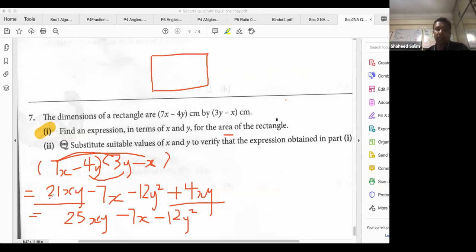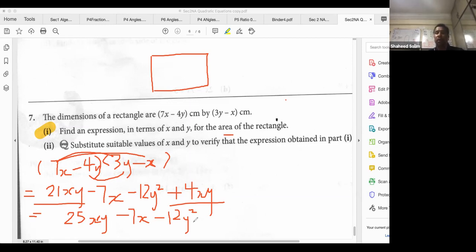No squared. See, 21xy plus 4xy, 25xy. This is the answer. Okay, Shafi, I think you got the same answer, more or less. Do you get the same answer, Shafi? I don't know, Shafi, I'm not too sure. But you are supposed to times both. You're supposed to get 3 terms.